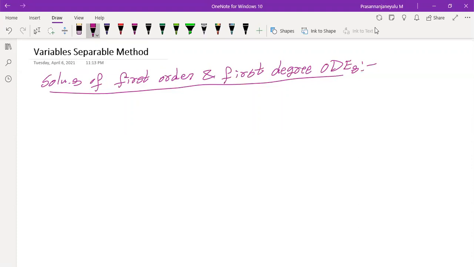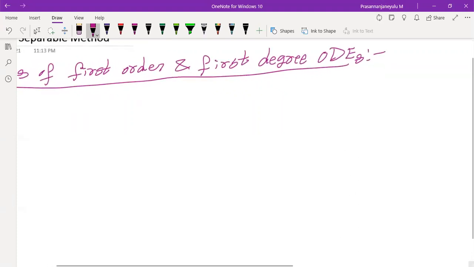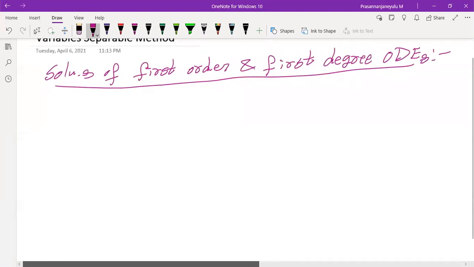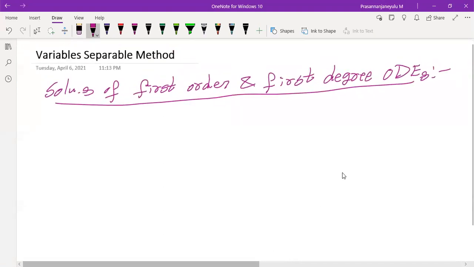What is the general form of first order, first degree ordinary differential equations? Any of you can say? What is the general form of first order, first degree ODEs?